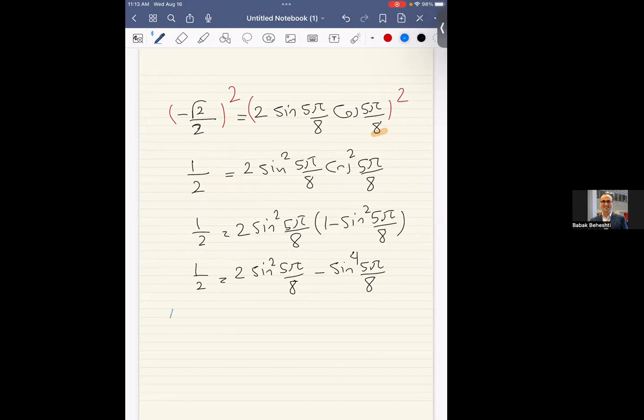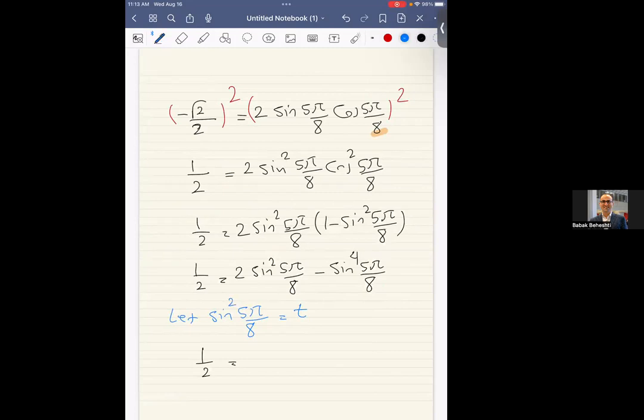So let sine square of 5 pi over 8 be equal to t, because you have sine square and sine to the power 4.